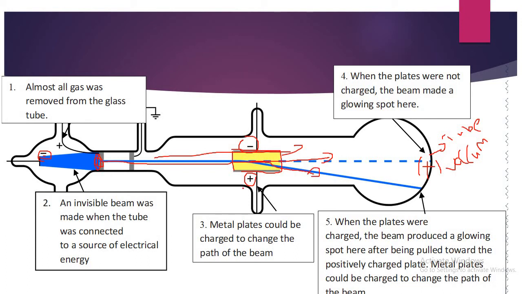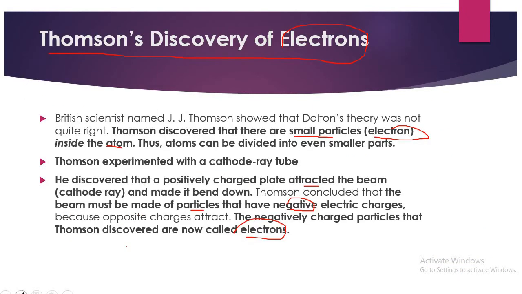This means that the cathode ray is made of negative charge, as it is attracted by the magnet. He discovered that the positive pole of the magnet attracted the cathode ray beam and made it bend down.